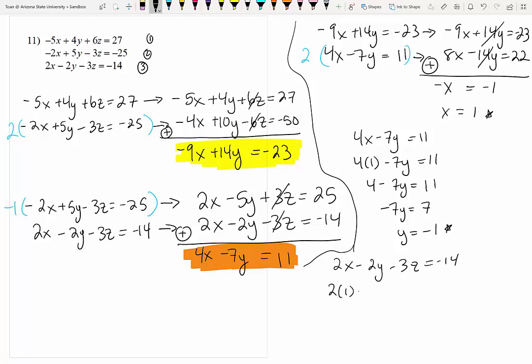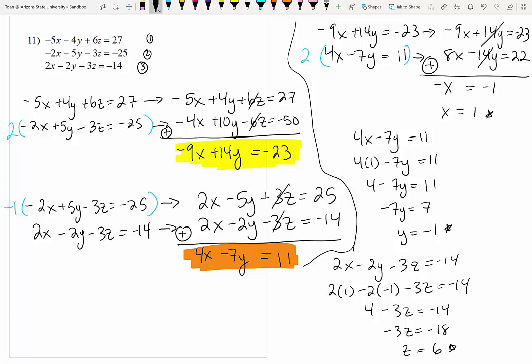So x was 1 minus y was negative 1. I'm running out of room here, so I'll just do a lot of mental math. So that's 2 plus 2 is 4. Minus the 4 gives me negative 18. Divide both sides by negative 3 gives us 6.